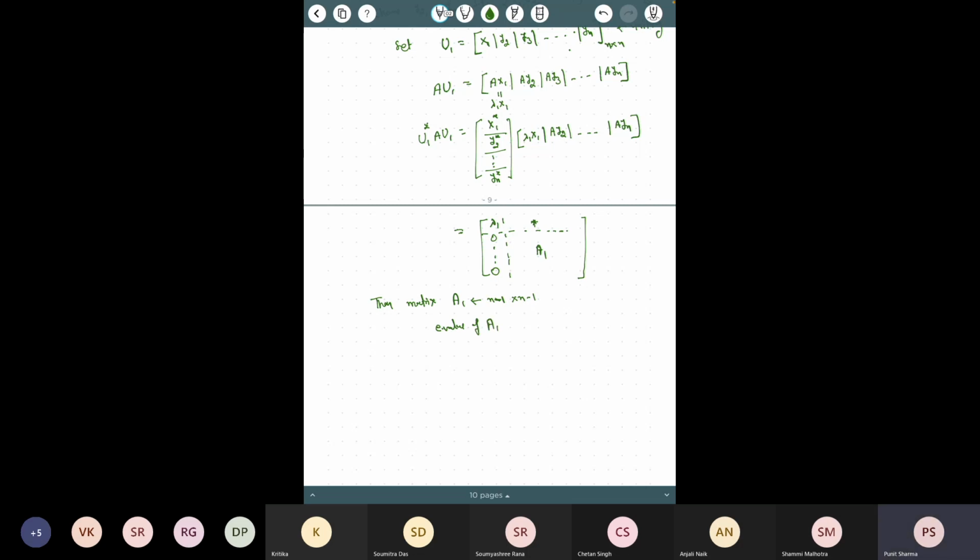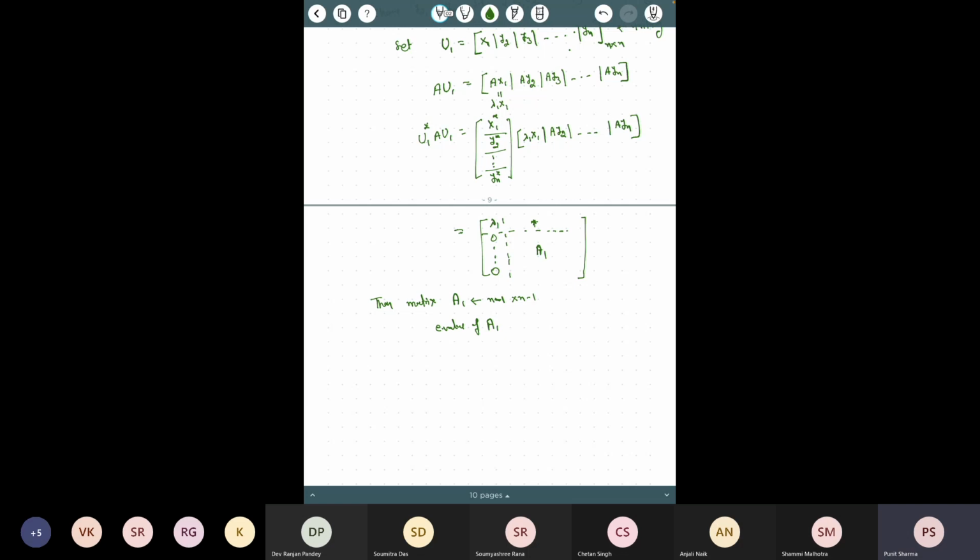Can you tell me what would be the eigenvalues of A1? Lambda 2, lambda 3, and so on. Why? Because these two matrices are similar, and lambda 1 is one eigenvalue, then the remaining eigenvalues will be lambda 2 to lambda n, yes.